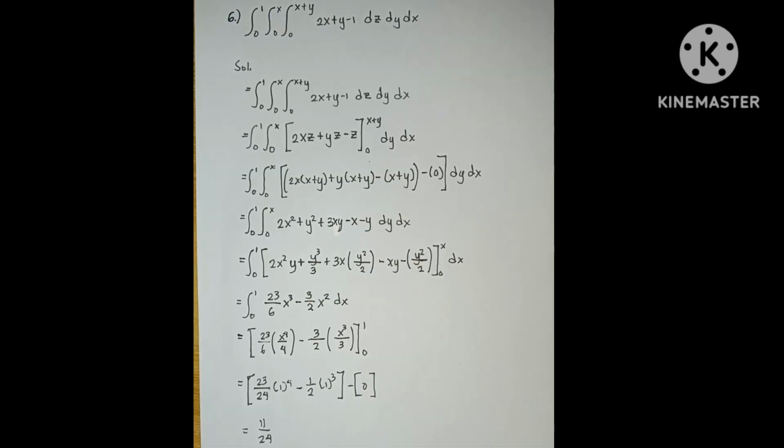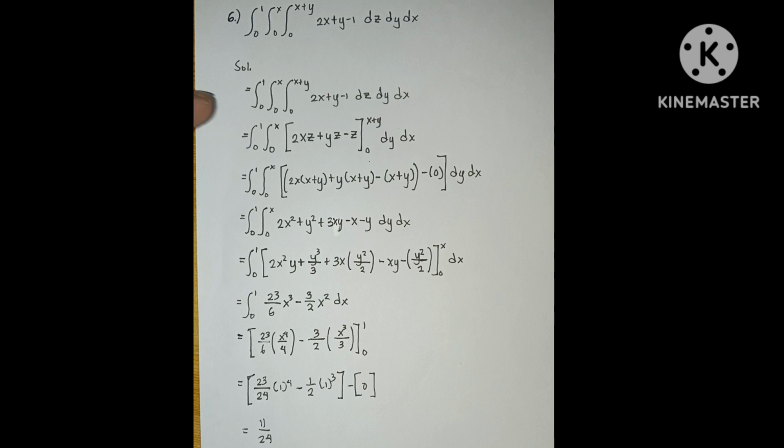For our next problem, we have number 6 in our Let's Do It workbook part. We have the integral from 0 to 1 with respect to x, and the integral from 0 to x with respect to y, and the integral from 0 to x plus y with respect to z of 2x plus y minus 1.